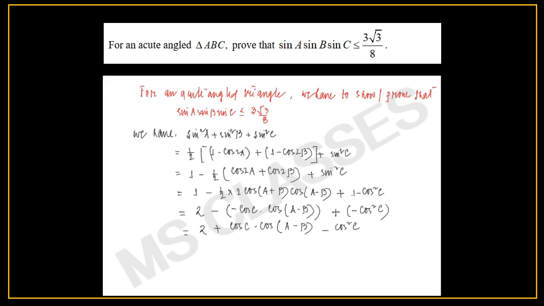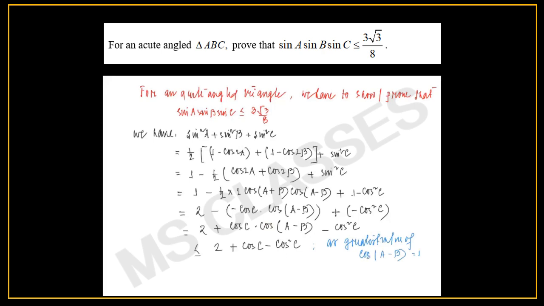minus cos square C. This can be written as less than or equal to 2 plus cos C minus cos square C. Here, why are we writing less than or equal to? Because we have taken the maximum value of cos A minus B. As we mentioned here, the greatest value of cos A minus B is equal to 1.